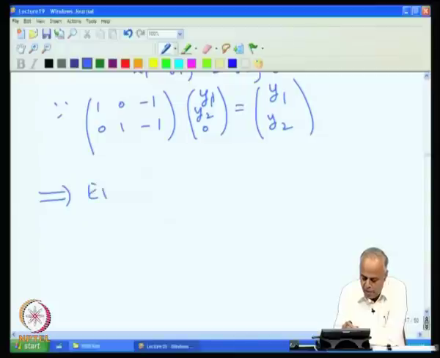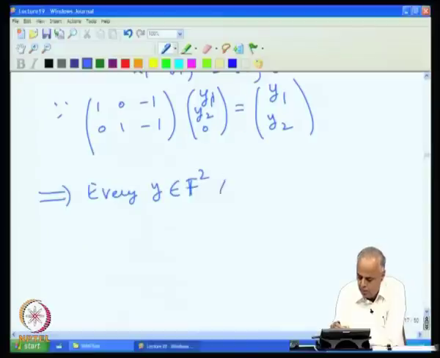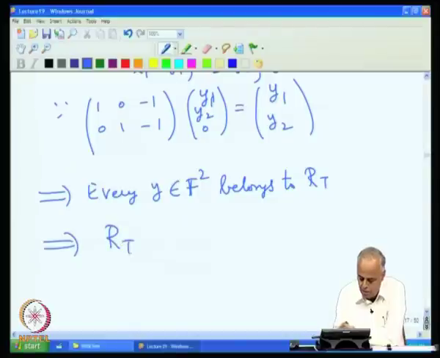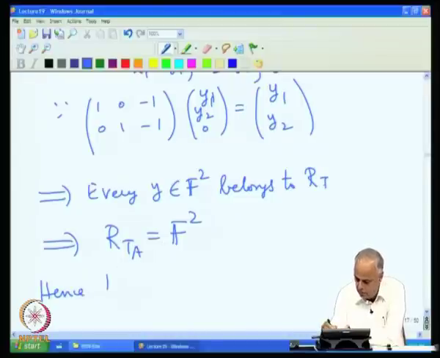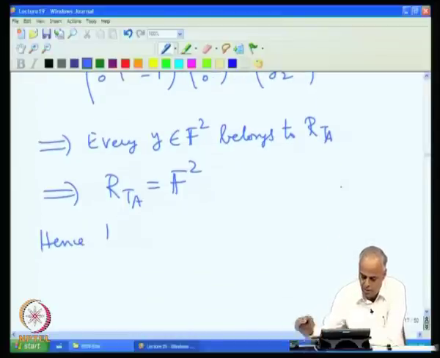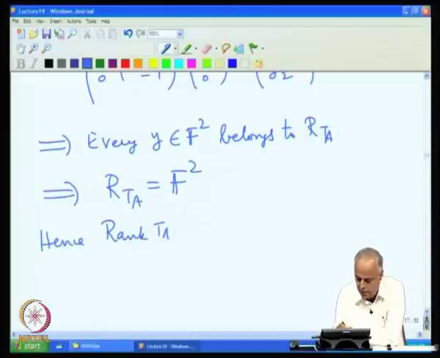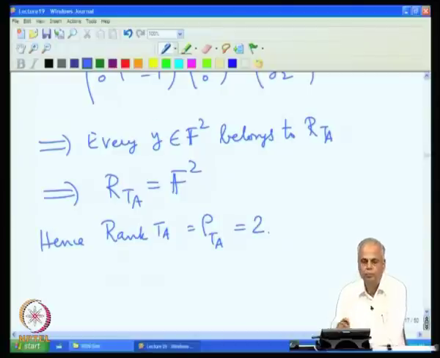Therefore, every y in F^2 belongs to R(T_A), and therefore, R(T_A) is all of F^2. Therefore, rank of T_A, which is rho(T_A), is 2.